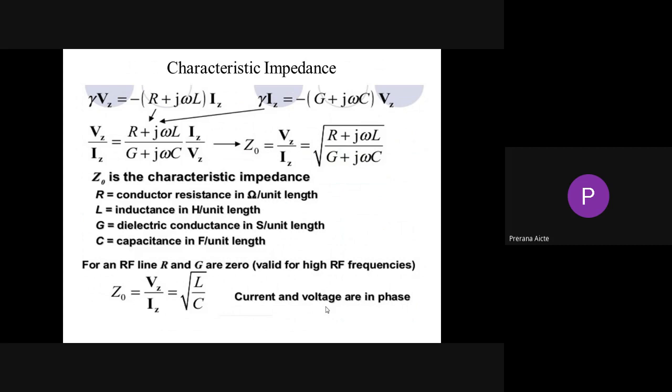Now, we can match the characteristic impedance to the load impedance and input impedance by connecting stubs. That is stub matching, either single stub matching or double stub matching.